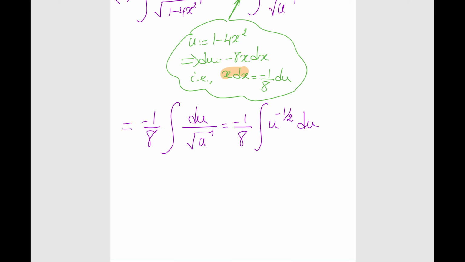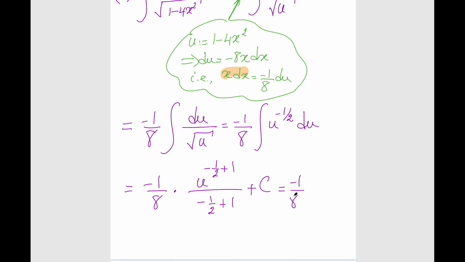Alright, so this is then -1/8 times u to the power -1/2 plus 1 divided by -1/2 plus 1 plus a constant. Okay, and what's -1/2 plus 1? Isn't it 1/2? And dividing by 1/2 isn't the same as multiplying by 2?